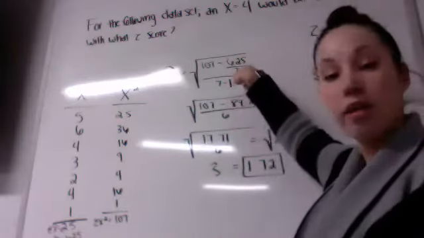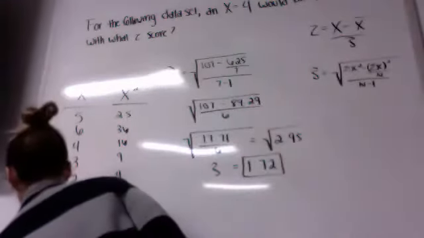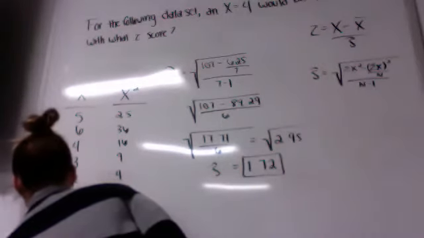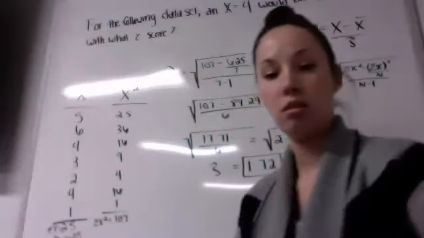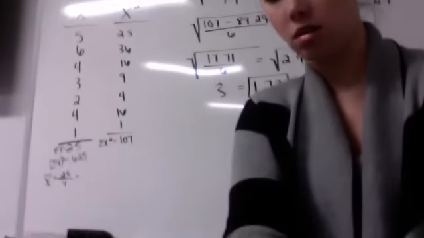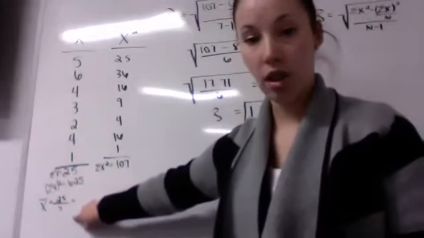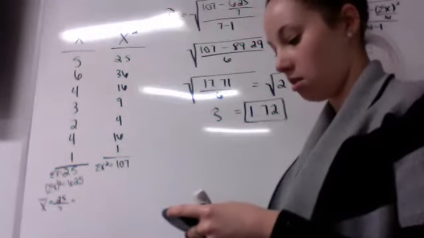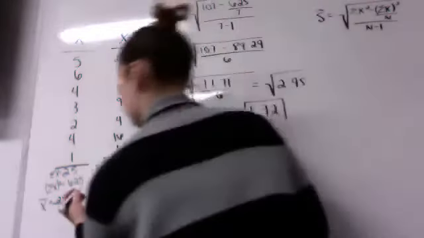And earlier we found that n was 7, so this is going to be super easy. Our sum was 25, n is 7. So x bar, we do that sum over our n, and we get 3.57.